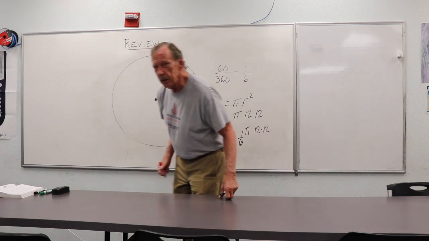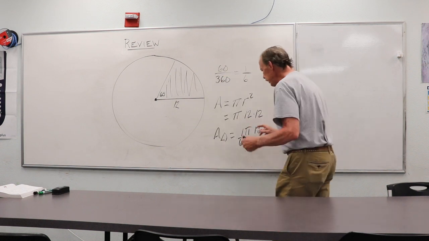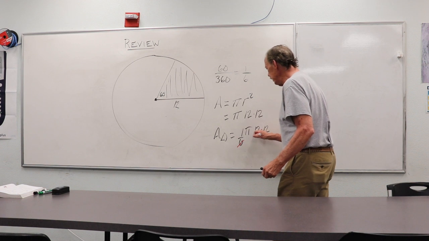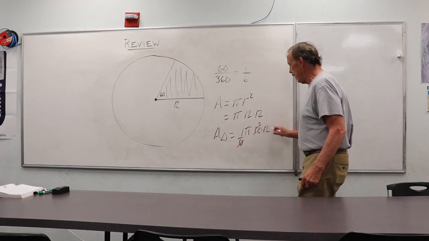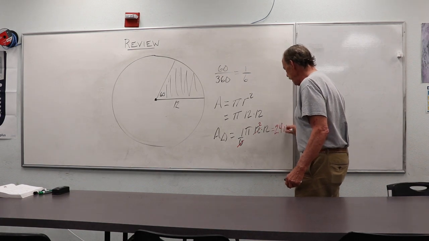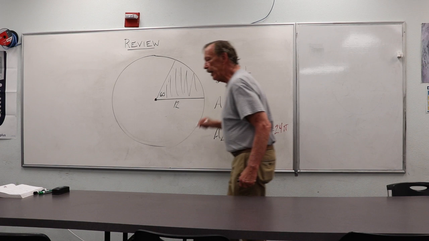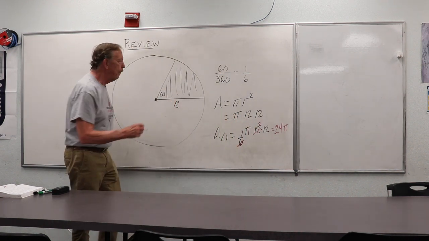We can do a little bit of reducing here. The 6 will go into itself once and into this 12 twice. So we've got 24 pi. That's the area of this sector, 24 pi.